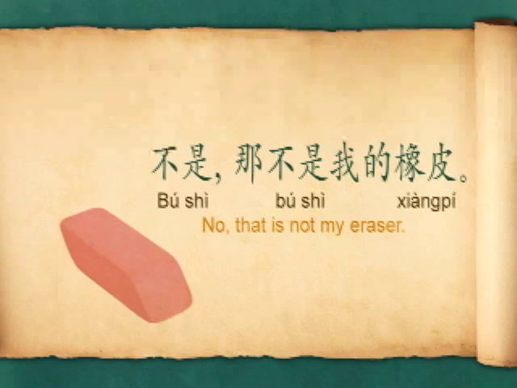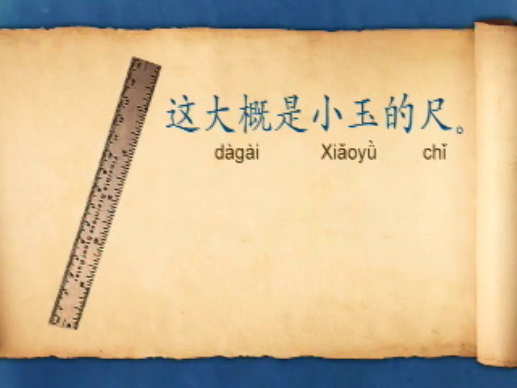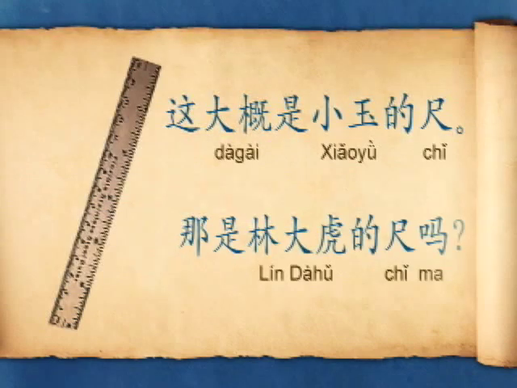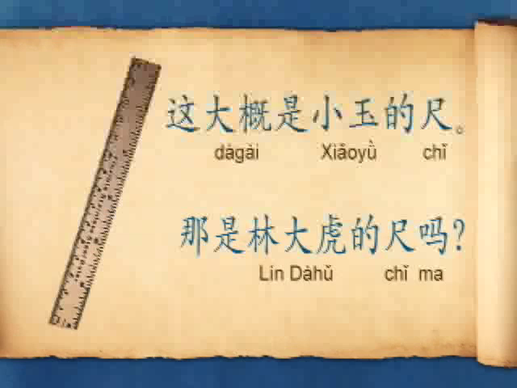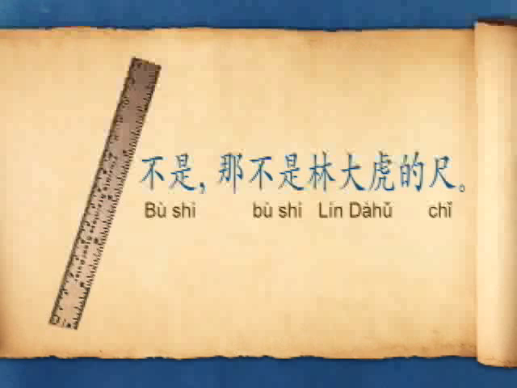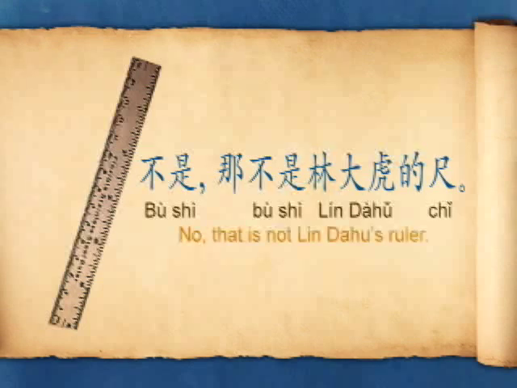Here's the next statement and question. 这大概是小玉的尺。Here's my question. 那是林大虎的尺吗？Did you say 不是，那不是林大虎的尺。No, that is not Lin Dahu's ruler.